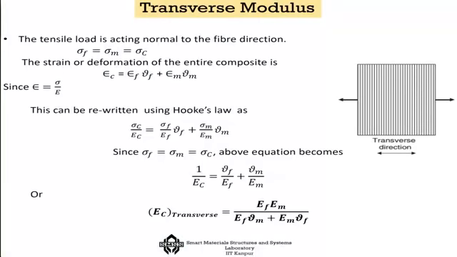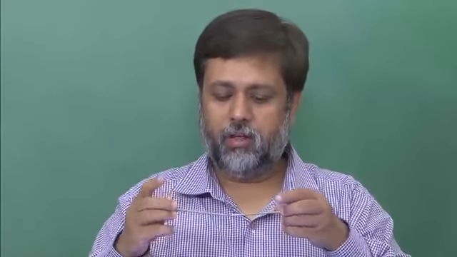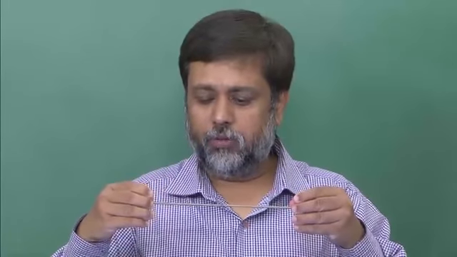What happens in the transverse modulus? In the transverse modulus, the load comes first to the fiber, suppose, then to the matrix in between. So as if there are two springs, one is the fiber spring and another is the matrix spring, and the load is getting transmitted. Unlike the other case where they were sharing, here the same load is getting passed through both the fiber and the matrix.